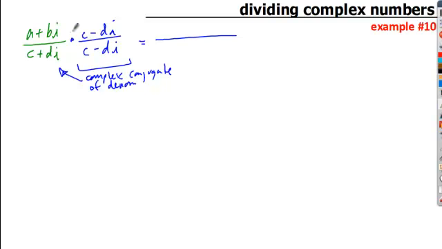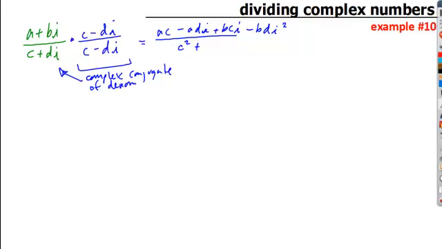And so again, you'd get the same kind of thing that we looked at before. Up here, you get a times c minus adi, distribute, plus bci minus bdi squared, all over. And when you take a number times its complex conjugate, first term squares, your outers and inners are going to cancel completely.